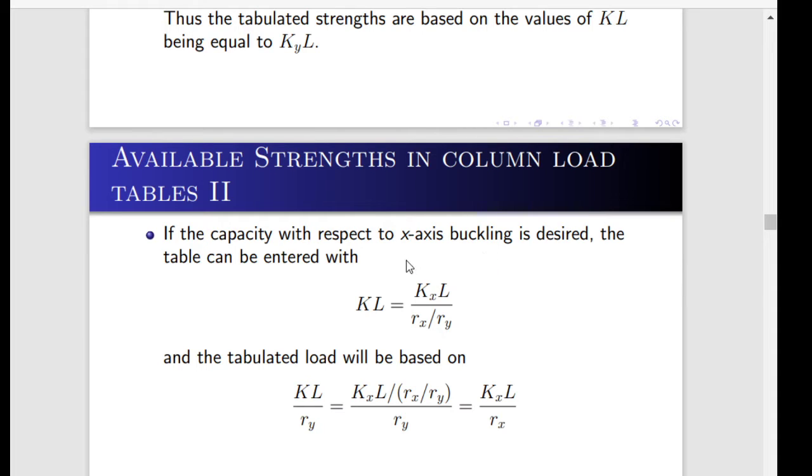Also, in the table you can compute through this relation: KL is also equal to KxL over rx over ry, and the tabulated load will be based on KL over ry equal to KxL over rx over ry, or just equal to KxL over rx.